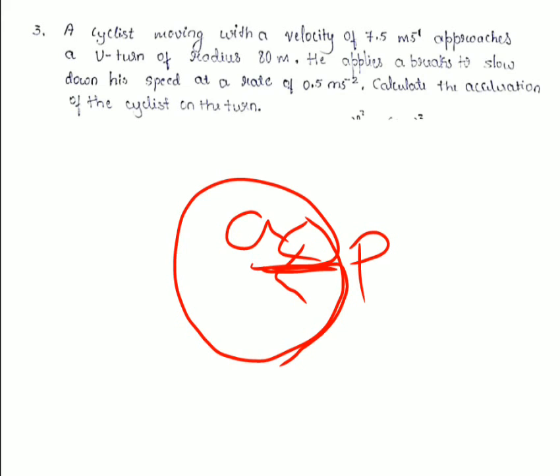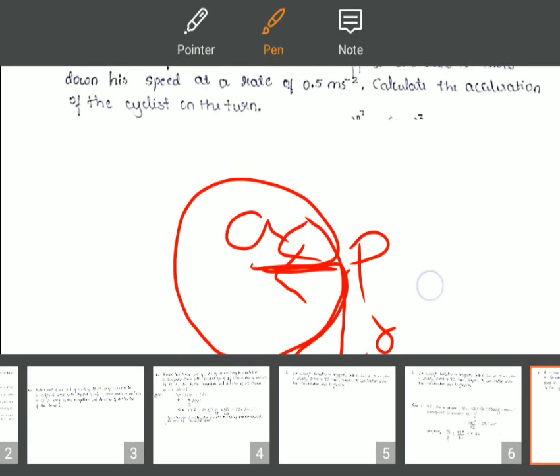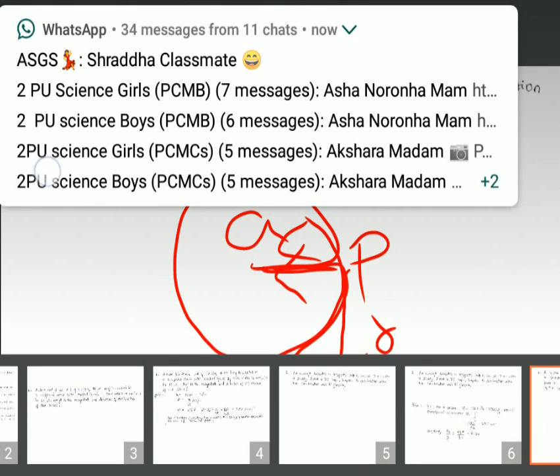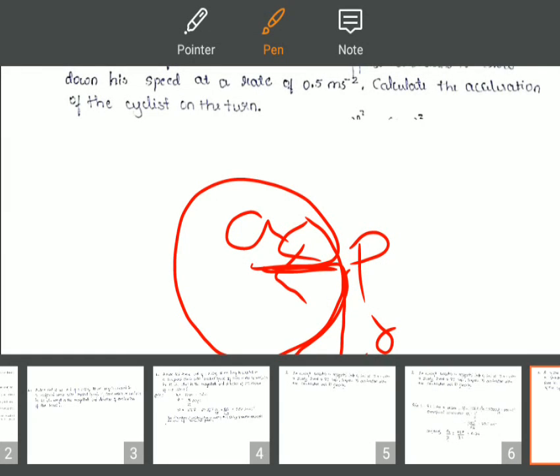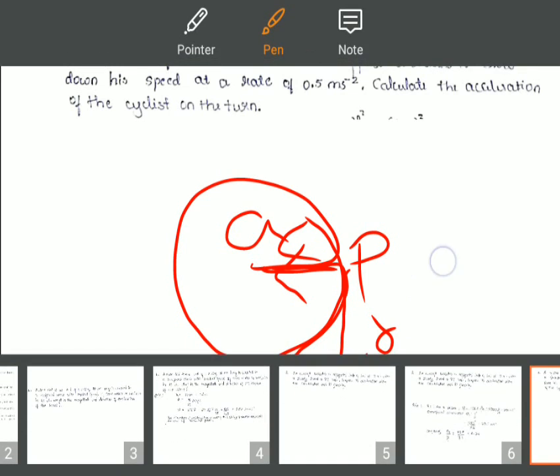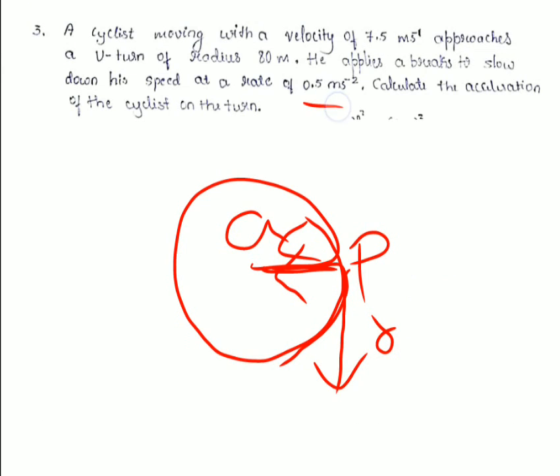Here the radius 80 meter is given, and the deceleration is 0.5 meter per second square.